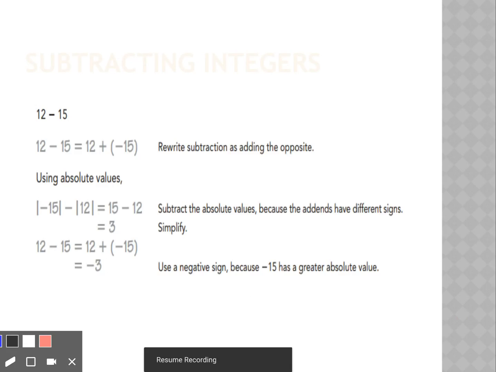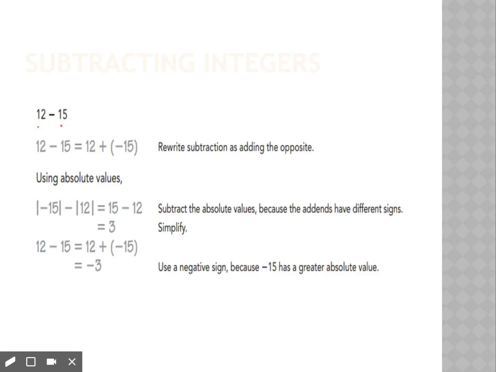Okay, here's another example. 12 minus 15. So instead of doing 12 subtract 15, we're going to change it to an addition sentence. Again, we keep our first number, 12, change our subtraction sign to addition, and change the second number to its opposite. It was a 15, so now it has to be a -15.